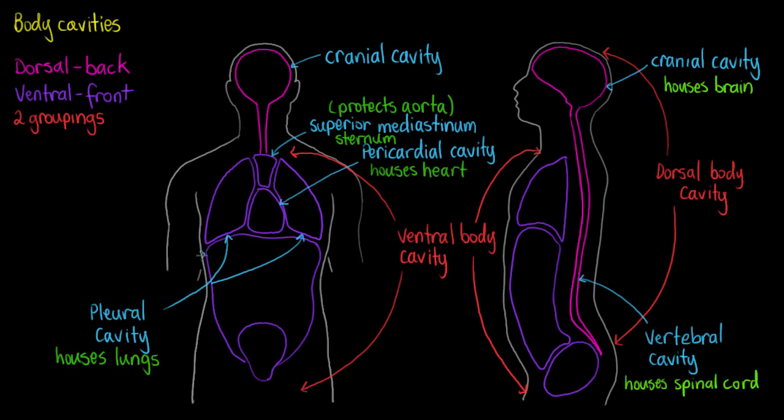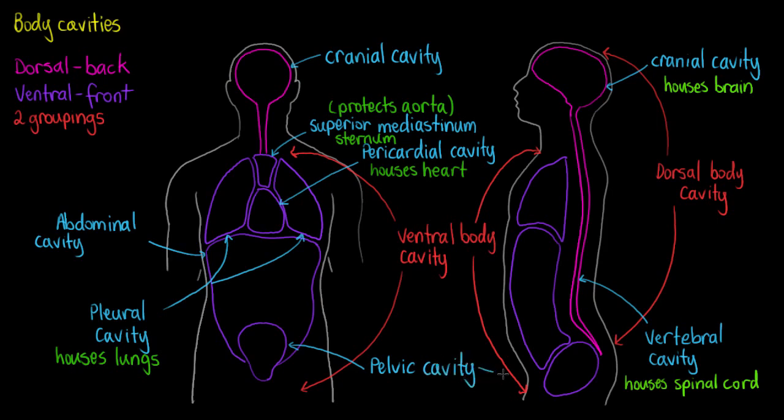Now we have two other subdivisions within our ventral cavities, and they are the abdominal cavity and the pelvic cavity. So up the top here, the abdominal cavity. And once we move down to the bottom here, we've got our pelvic cavity. Both of these cavities house different organs and different structures, and we'll make a list of that now.